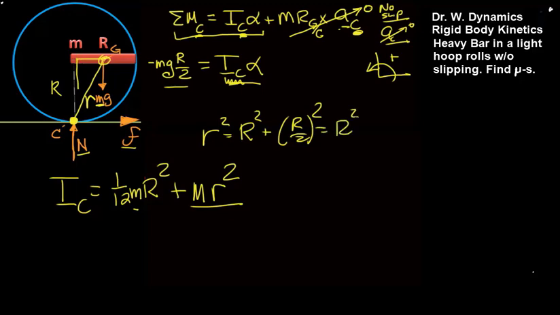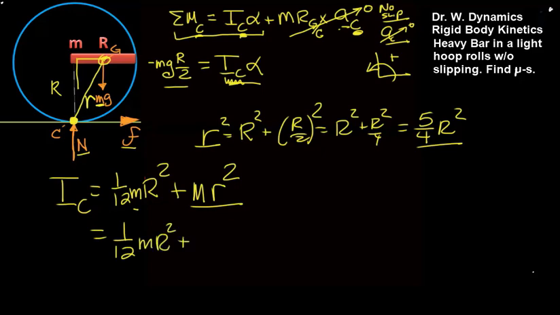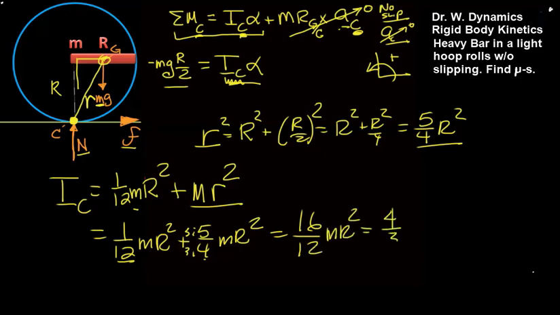This will become r squared plus r squared on 4, which will be 5/4 of r squared when we work that out. So we get 1/12 mr squared plus 5/4 mr squared. Making this a common denominator, we'll multiply the top and bottom by 3, and we'll have 15 plus 1, which will be 16/12 mr squared, which is 4/3 mr squared.